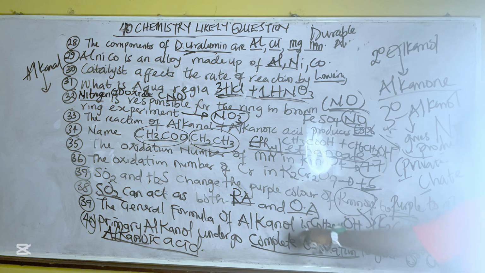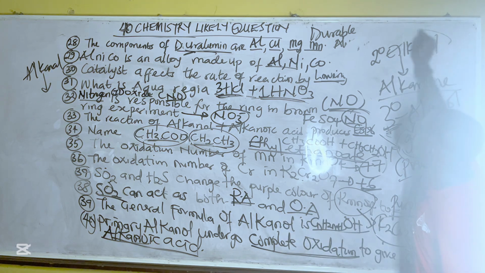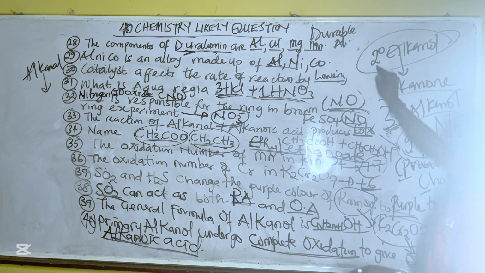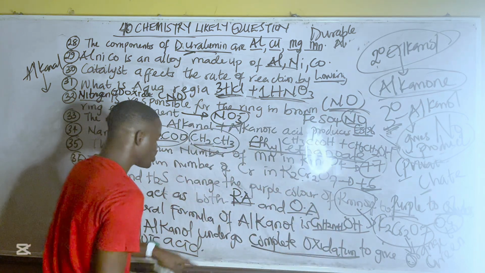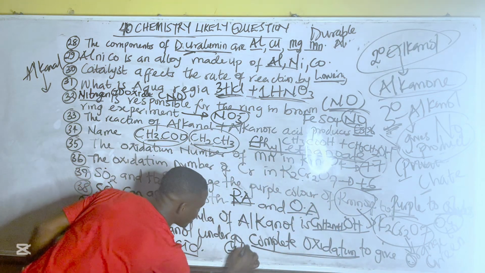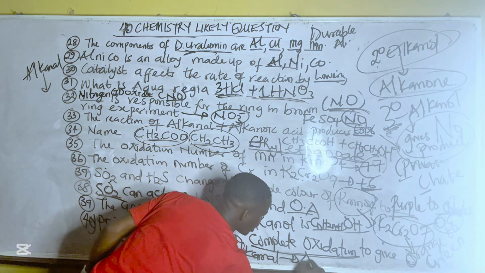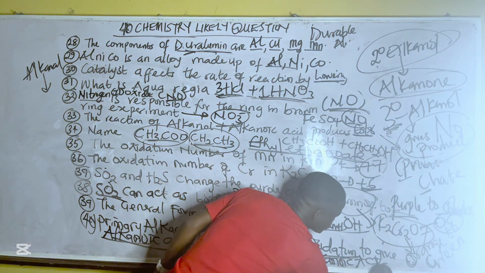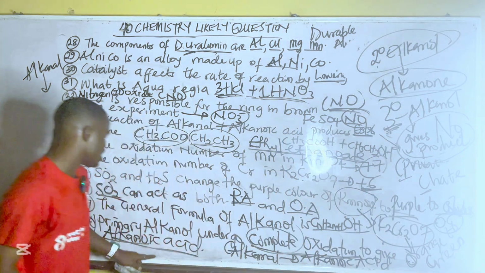On oxidation of a tertiary alkanol, there will be no product. On oxidation of a secondary alkanol, alkanone is the only product. Primary alkanol, we first of all give alkanal, then it will later give alkanoic acid. Because they already said complete, that's why the answer is alkanoic acid.